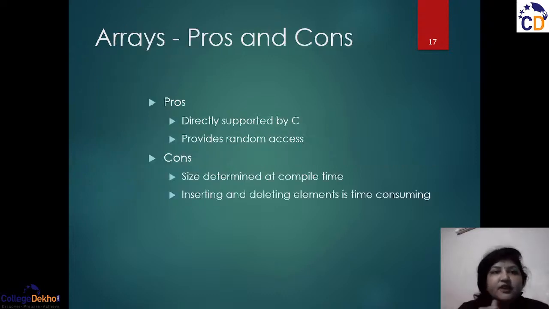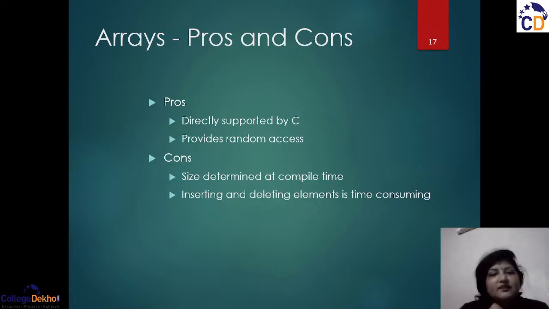Then we have arrays. The pros and cons of arrays we have understood. An array contains only a homogeneous collection of data. What are the advantages? It is directly supported by C language; you may use C or C++. It provides random access: you can access any element by using its index.